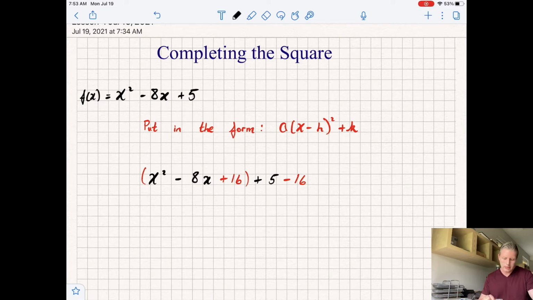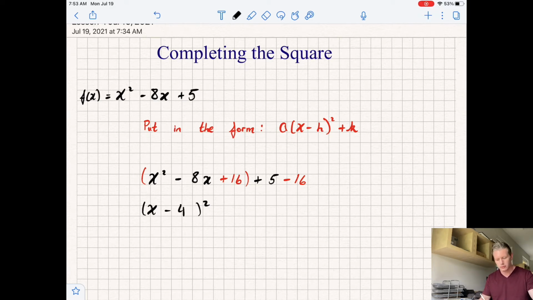And so inside these parentheses, this can be rewritten as x minus 4 all squared. That is, x squared minus 8x plus 16 is really just x minus 4 all squared. And I leave it to you to convince yourself of that.